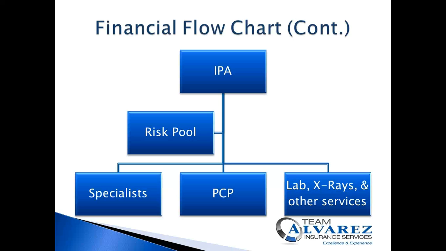Most of the times, specialists are on a fee-for-service basis, meaning that they receive funds as they perform services. For the lab, X-rays, and other ancillary services, same deal. As it's needed, payment is distributed to them, which they rely on the claims to facilitate payment arrangements. Okay.